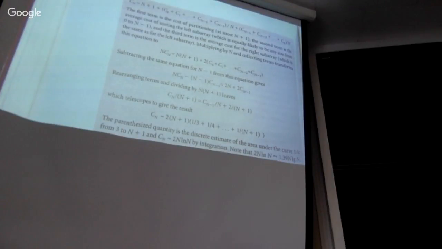What does partitioning do? Why is the cost of partitioning at most n plus 1? Might be less. Under what circumstances would it be less? I don't know. Look at the code, convince yourself that those values are correct.